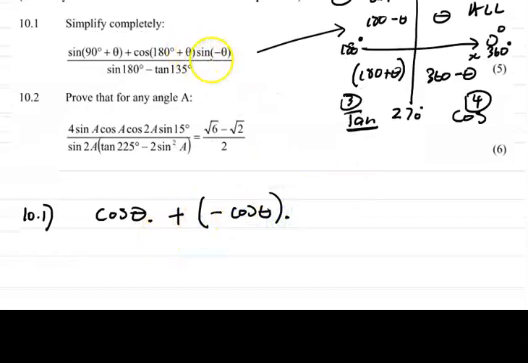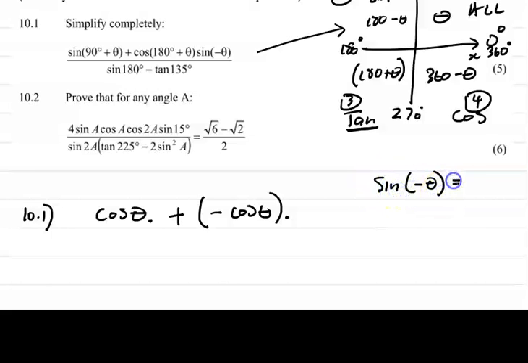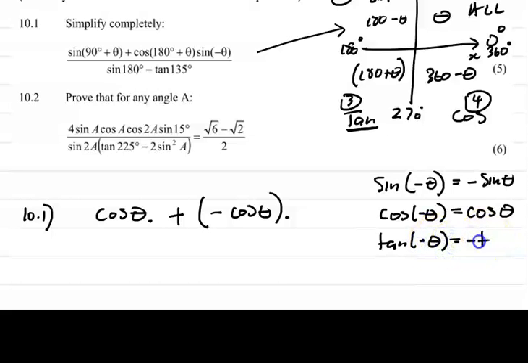And this is now a negative angle that's being tested here. Now for negative angles, remember that sine of minus theta is equal to minus sine theta. Let's cover the other ones one time. Cos of minus theta reduces to positive cos theta, and tan of minus theta is equal to minus tan theta.